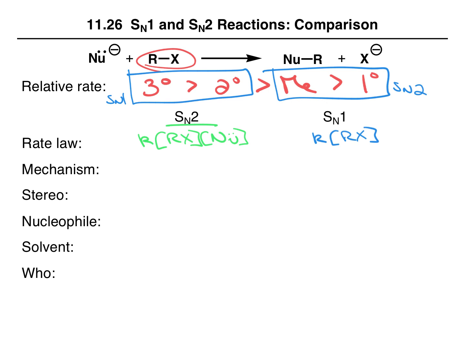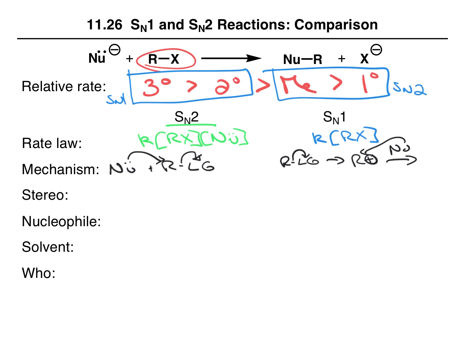In terms of the mechanism, here we have our nucleophile reacting with our substrate. As this adds, the leaving group is kicked off all at the same time. For an SN1, our leaving group leaves, giving us a carbocation, and then the nucleophile will add.